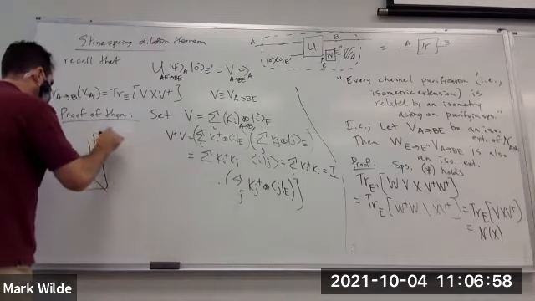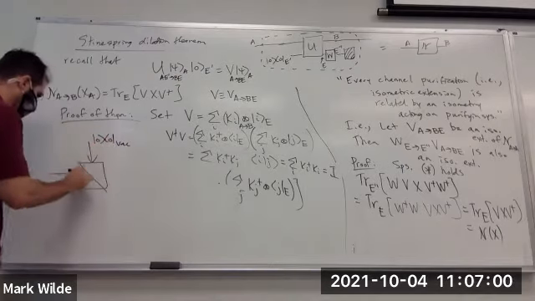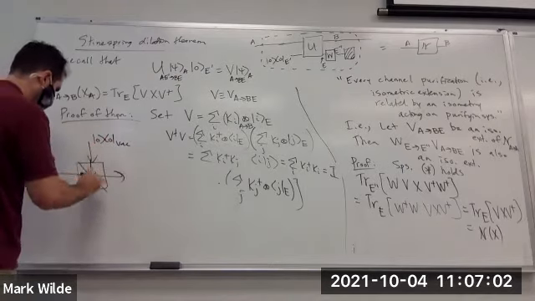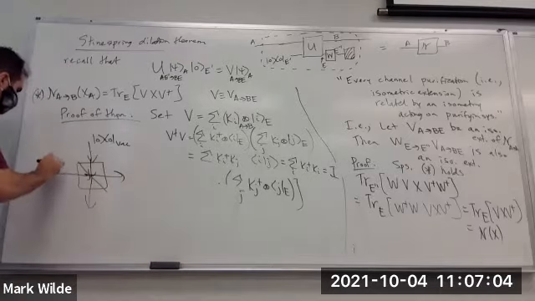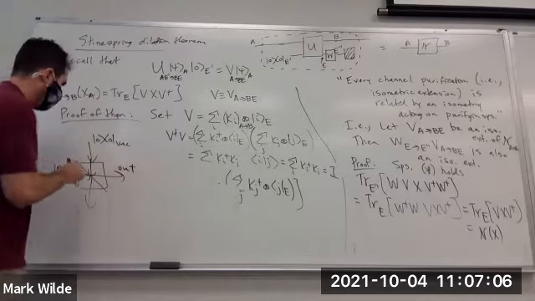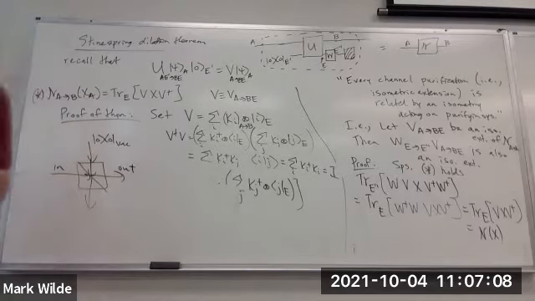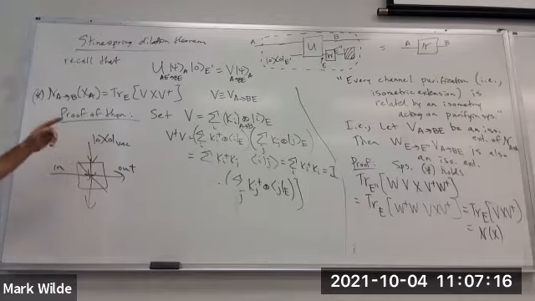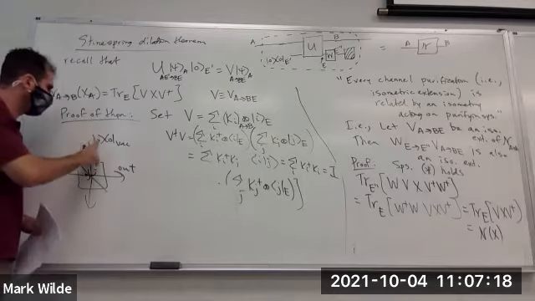So we talked about one channel where we input the vacuum. That's an isometry that takes one orthogonal basis to another. So we could take the vacuum to a single photon state. So that's a very different channel, right?